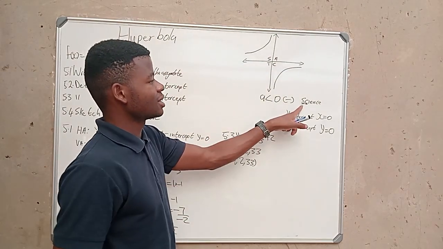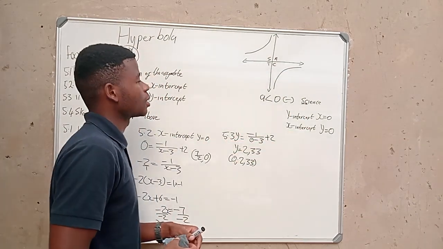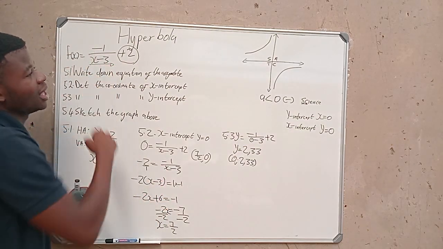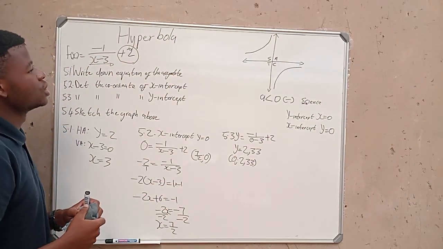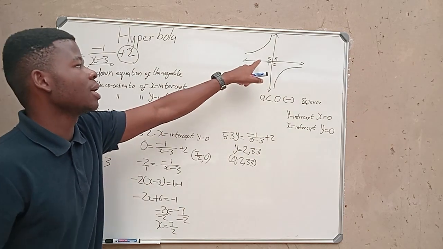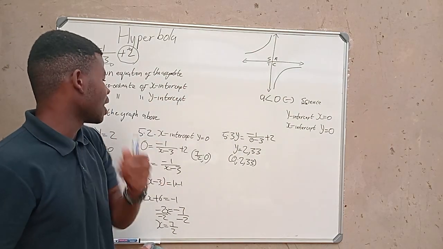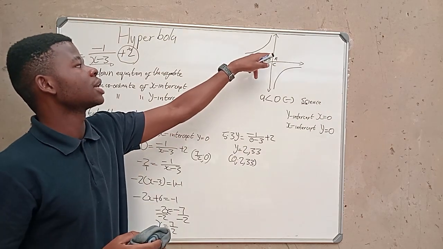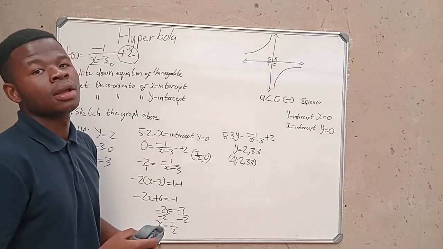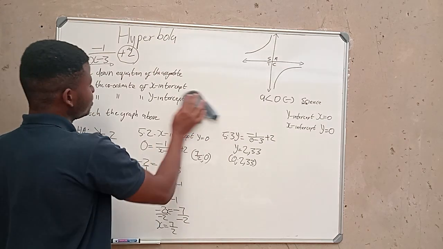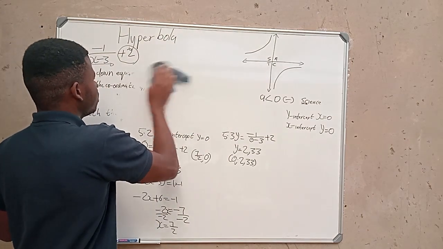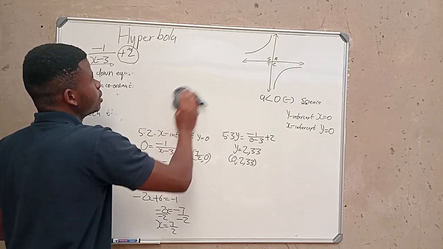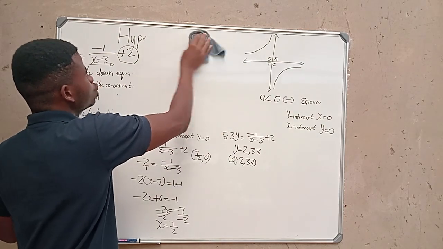Look at this now, our a here is negative, so our graph is going to exist in the second quadrant and the fourth quadrant. Let me just rub here so that I can make space to sketch.